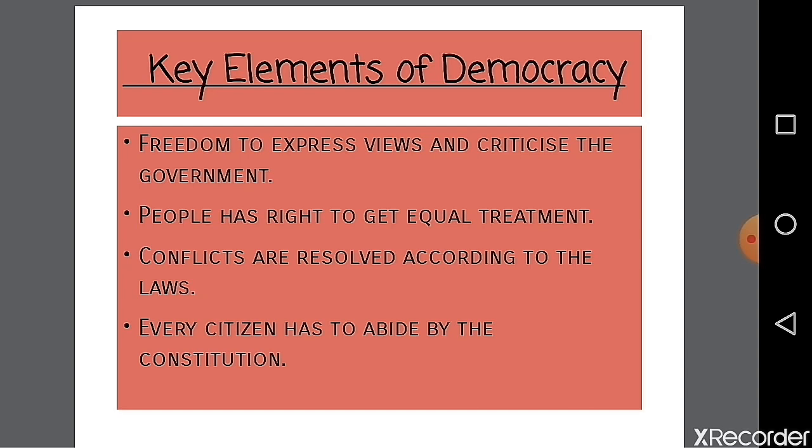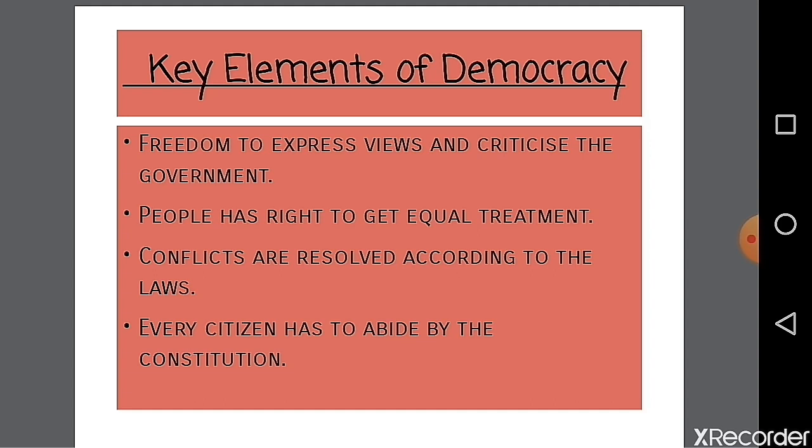If the government is doing something wrong or something that is not beneficial for society, then ultimately we will criticize them, and we also have the right to change them, but according to some procedure. And if I have said that we have freedom of speech, that doesn't mean you will go to someone and start abusing him or her.